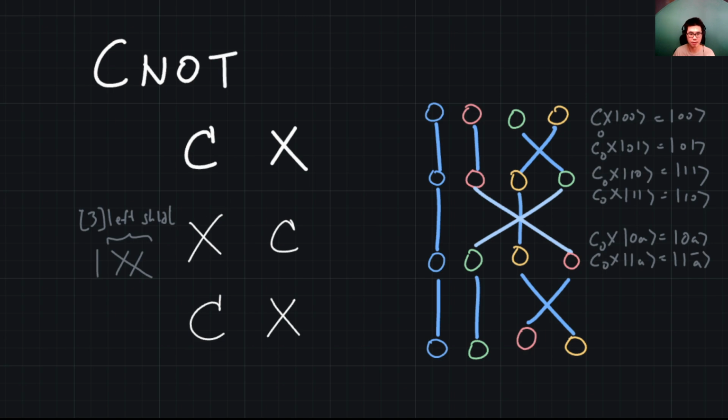So now notice that on the top and on the bottom, it seems like the two middle lanes have been swapped. So the diagram would look like this. So we've built a C0 and swap.